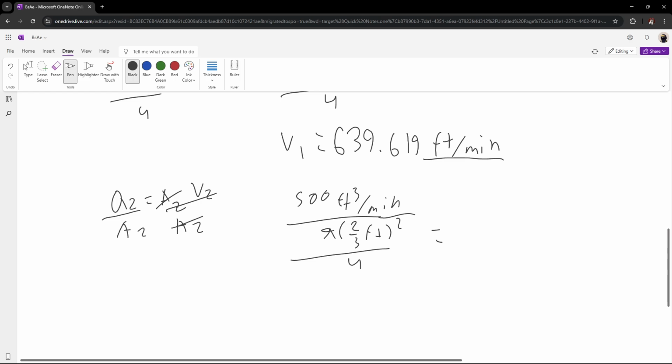Calculating that, we get 1432.39 foot per minute. This is to 2 decimal places.